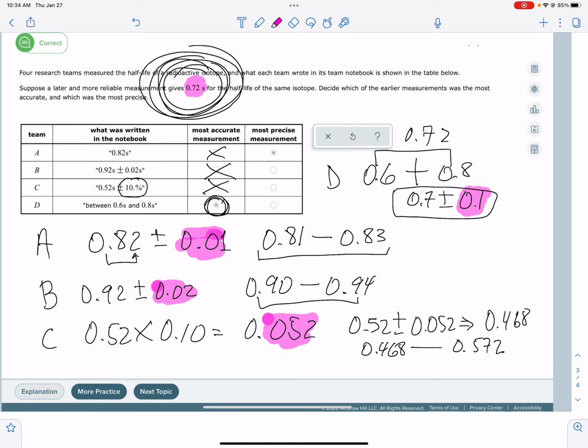And keep in mind that when you have a percentage, you have to take that percentage, multiply it by the number, and that's your plus or minus value. Just like we did here. We took C, we took 0.52, changed the percentage to a decimal, and we came up with that number. So that became our plus or minus value.